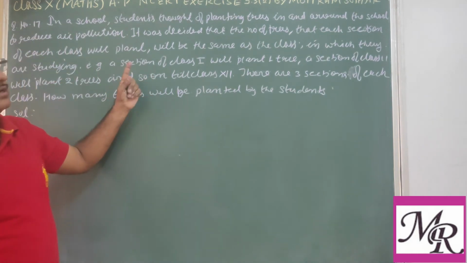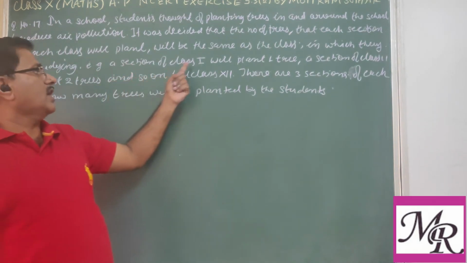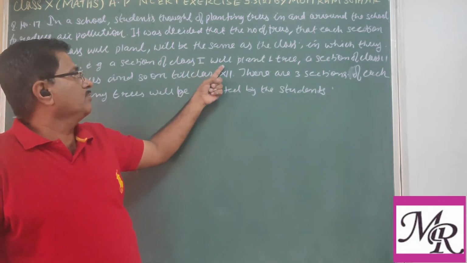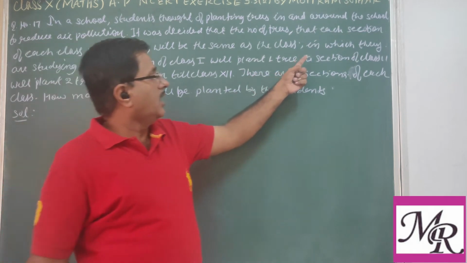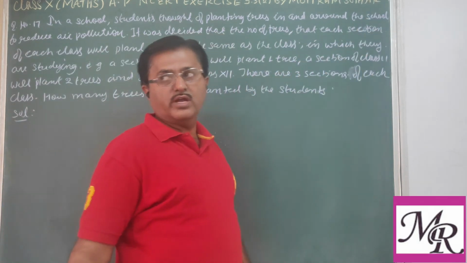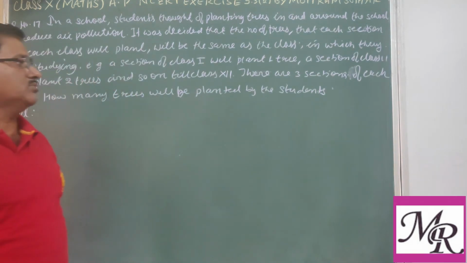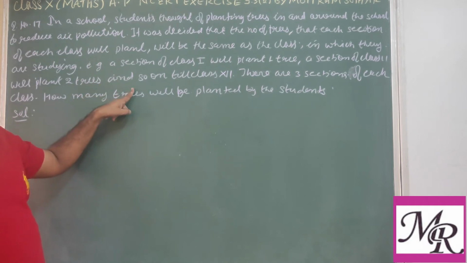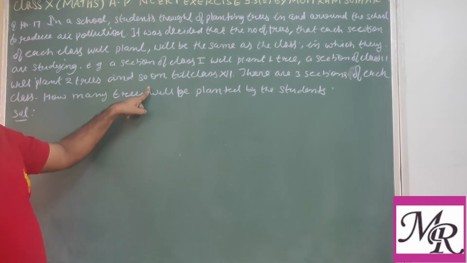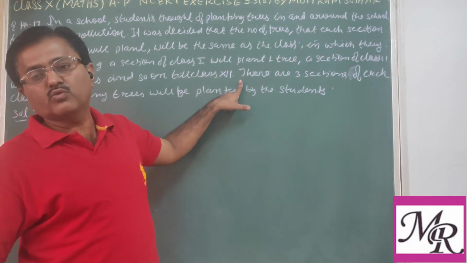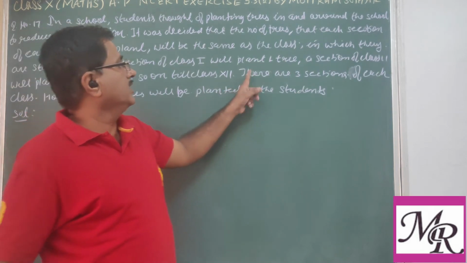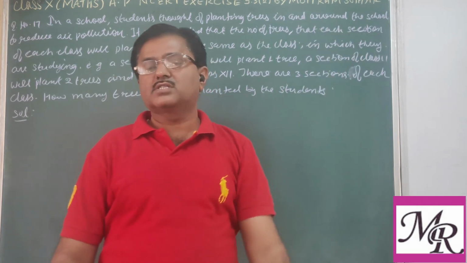For example, a section of class first, suppose first class, one section will plant one tree. A section of class second, so a student studying in second class will plant two trees. A section of class third will plant three trees, and in class 12, one section will plant 12 trees, and there are three sections of each class.